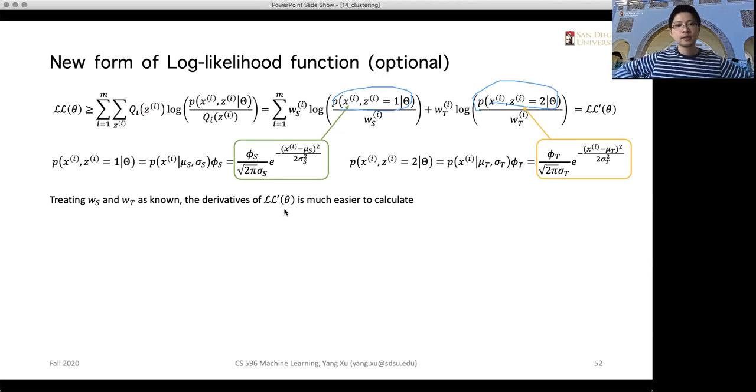The derivative of this log likelihood prime is much easier to calculate than the original log likelihood.